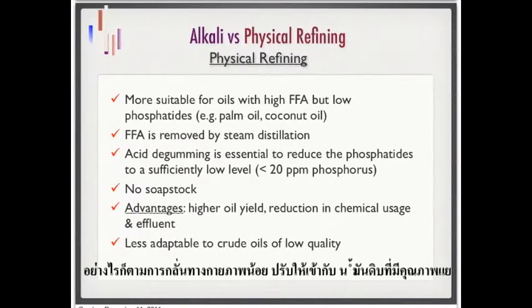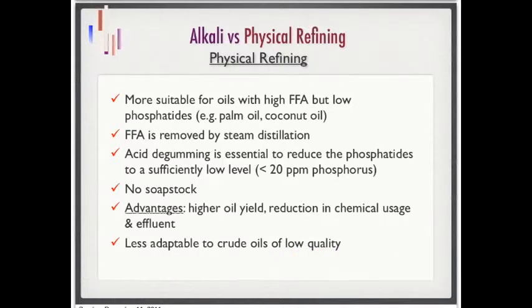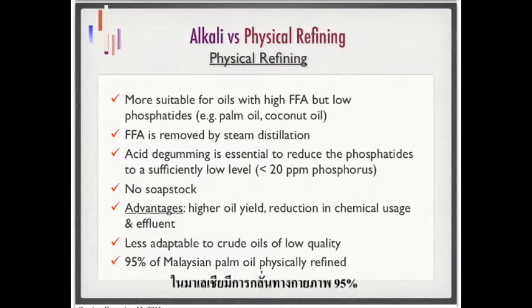However, physical refining is said to be less adaptable to crude oils of low quality, which contain a high amount of phosphatides, because we need to remove the gums in the degumming process, which can cause or increase the losses of the oil. In Malaysia, actually, physical refining is more popular. There are more than 95% of Malaysian palm oil using physical refining as opposed to alkali refining.